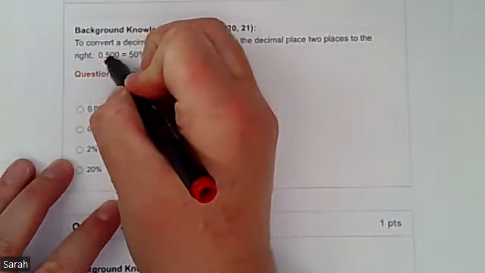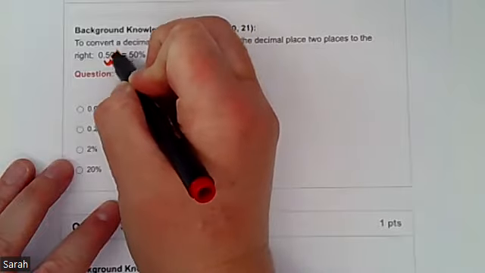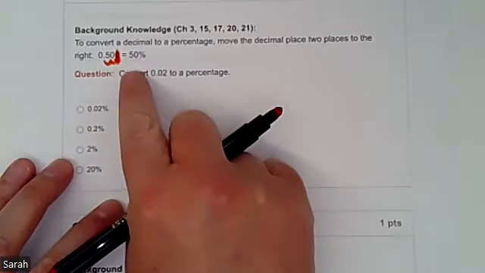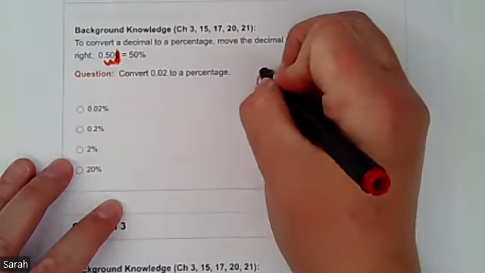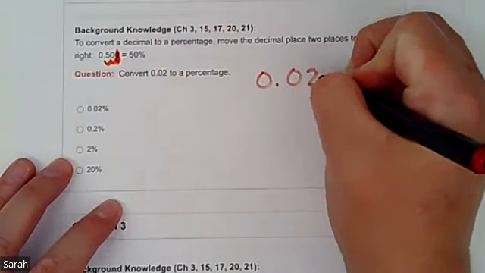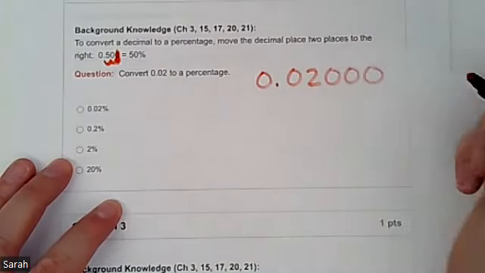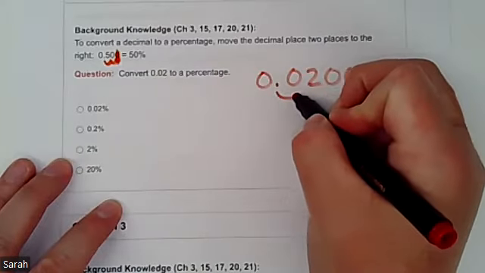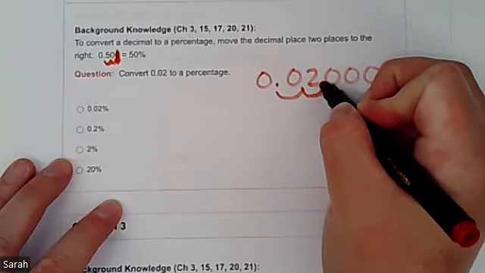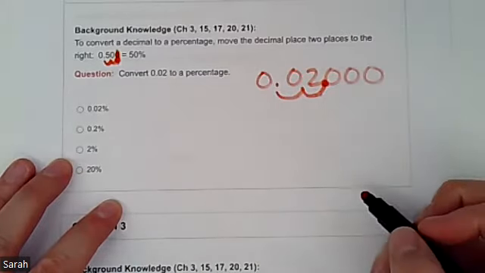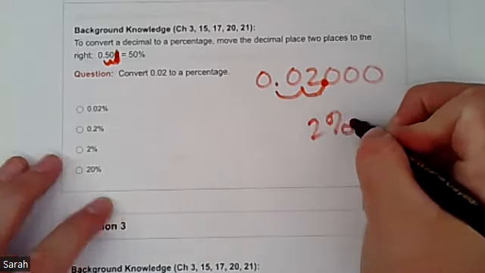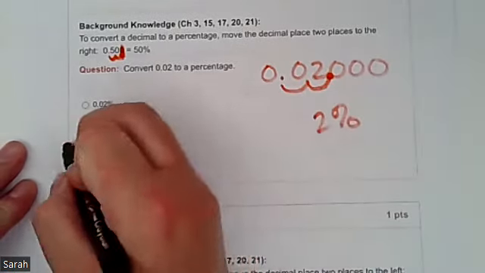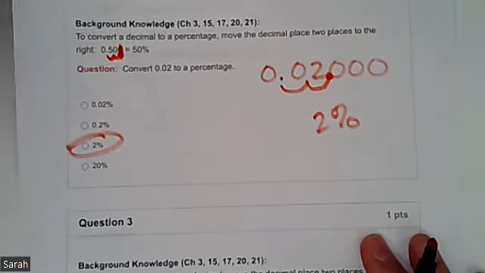So if I take that and move that over, that's where my decimal place is going to go, and that's where they're getting that 50%. If I have 0.02, and I'll add some more zeros here, and I need to go 2 decimal places to the right, that's going to be right here. That looks like 2%. So this would be my answer here, 2%.